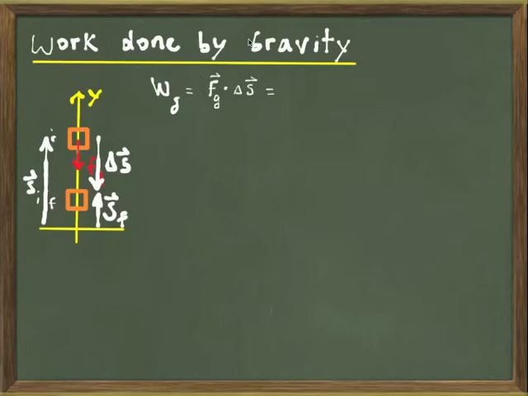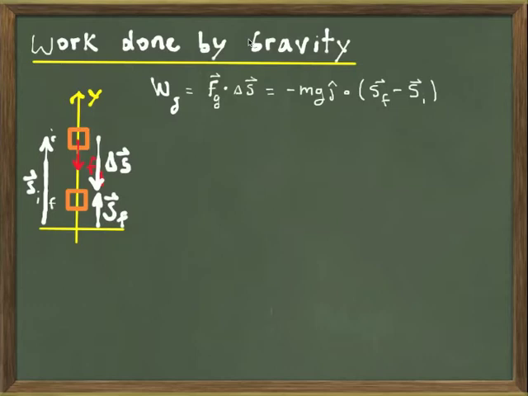What's the force? I need to write it in vector notation, because dot product is a vector equation. So it's mg, but I have to put a direction, so I would put j hat, and a minus to indicate going down. And the vector displacement, I'm just going to write it in terms of sf and si.